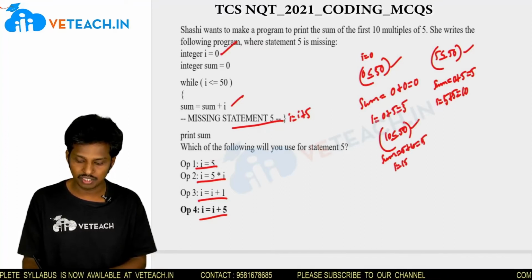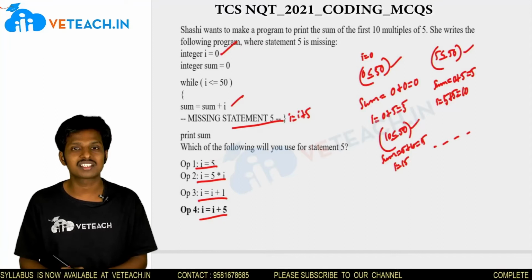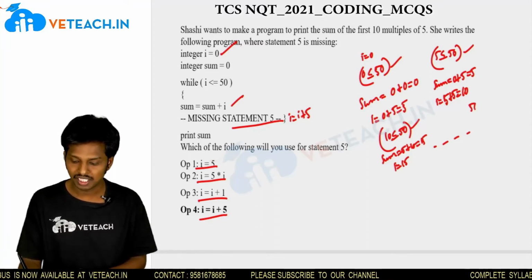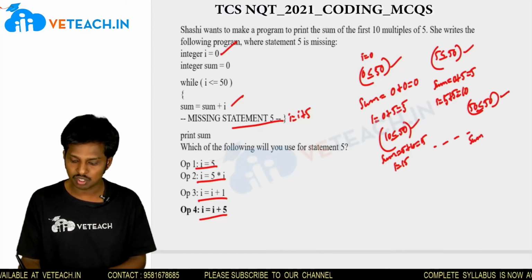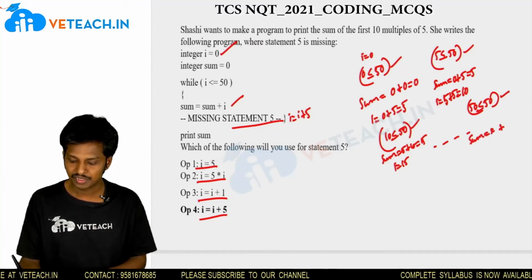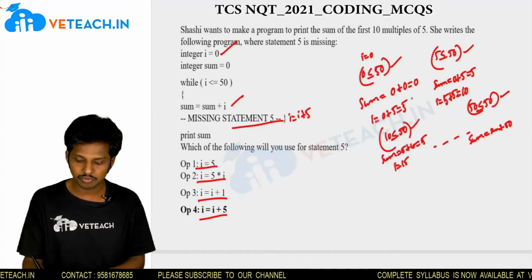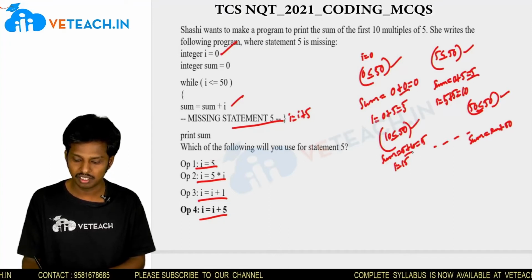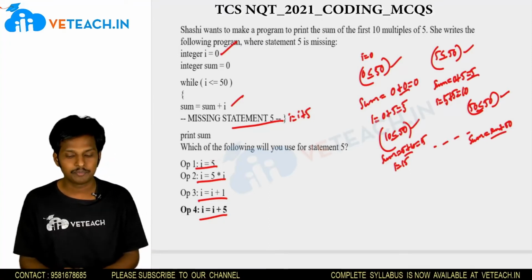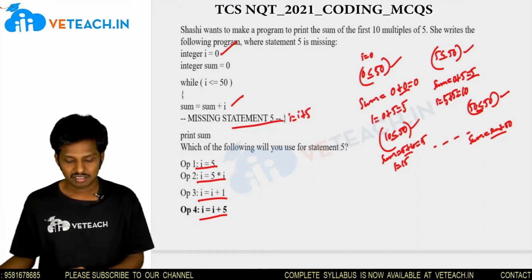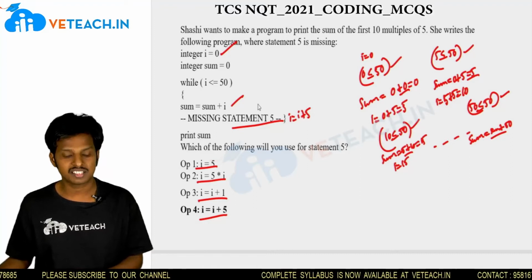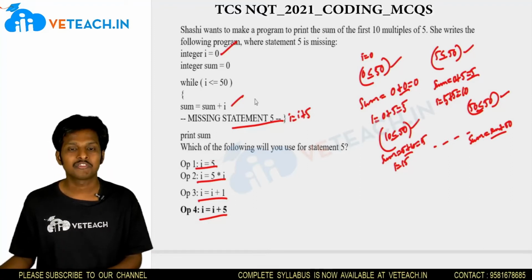Next, I becomes 15. In this way, I reaches 50. 50 less than or equal to 50, where the condition is again true, and sum becomes the already existing sum plus 50. In this way, if you observe, multiples of 5 get added to the sum, and then finally the sum gets printed on the screen. So this is how we can substitute the missing statement with I is equal to I plus 5.